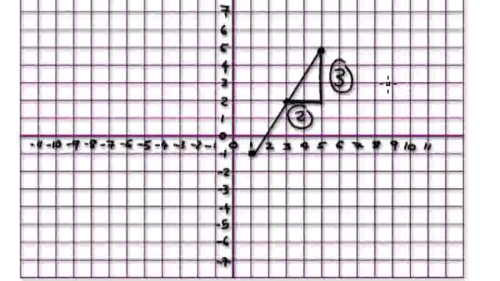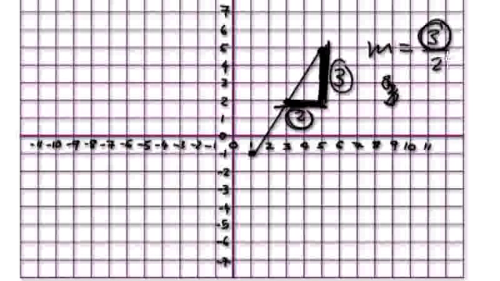So the gradient m here is 3 over 2, because the gradient is always the up and down divided by the left and right. Here the gradient is a fraction, so you can leave it as 3 over 2.